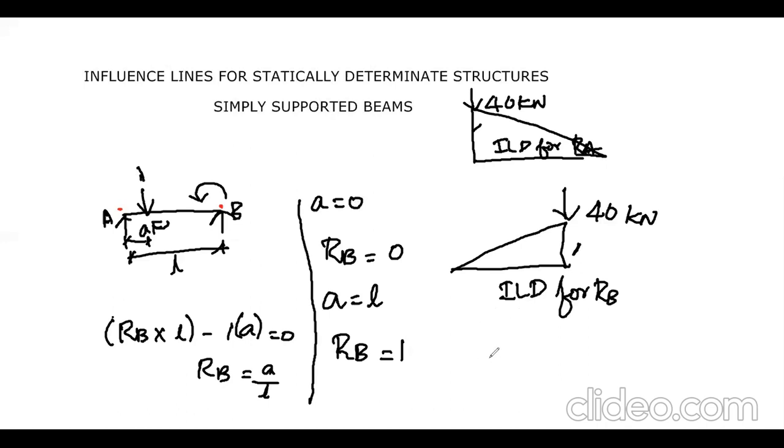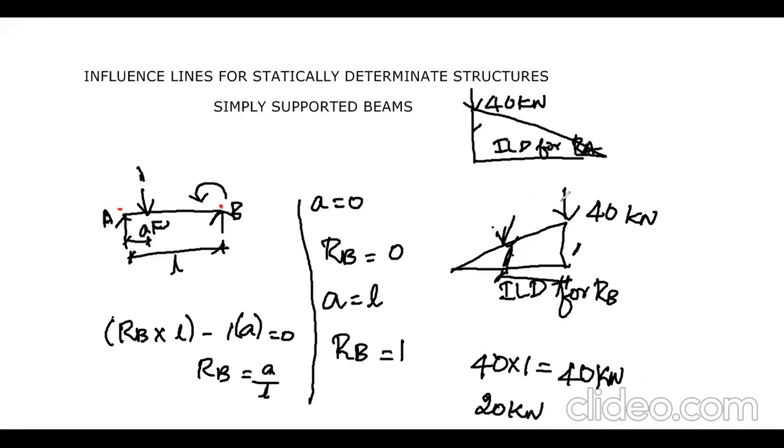So the maximum reaction for this beam is 40 into 1, 40 kilonewton at B. If I was asked to find the reaction at this point due to this load, I would apply the load here. At a distance of L by 2, the ordinate value becomes 0.5. Am I right? So the reaction at B will become 20 kilonewton.